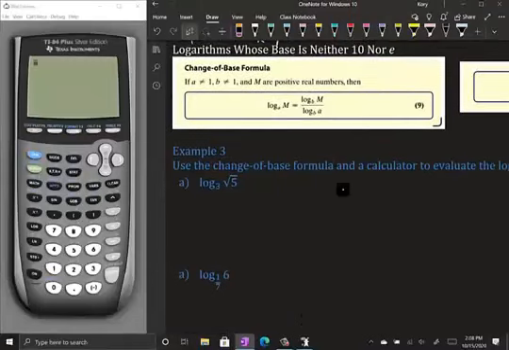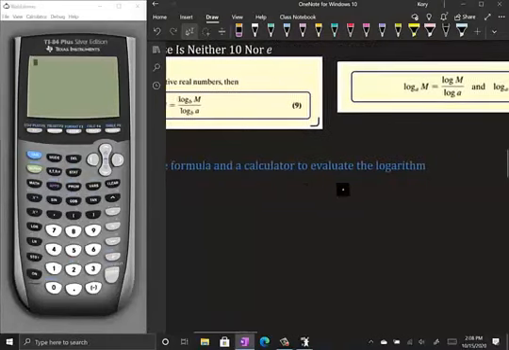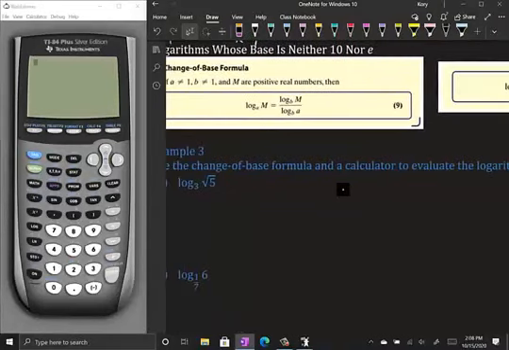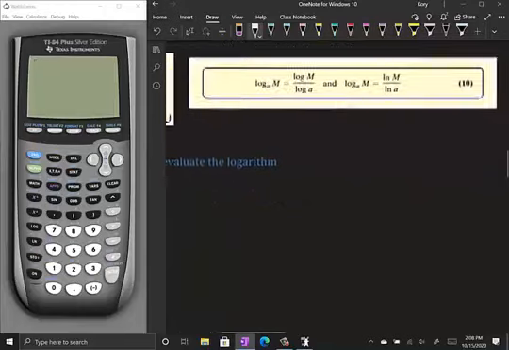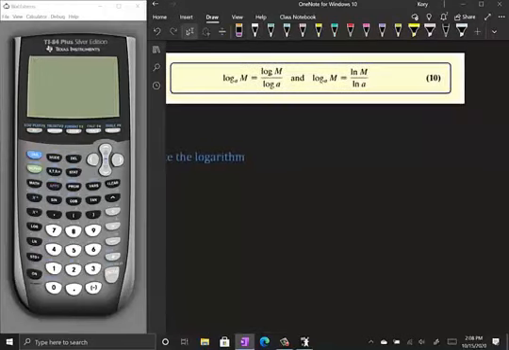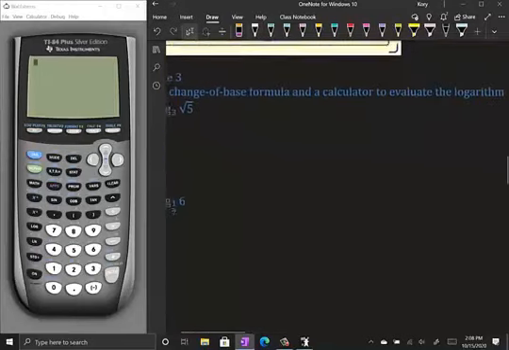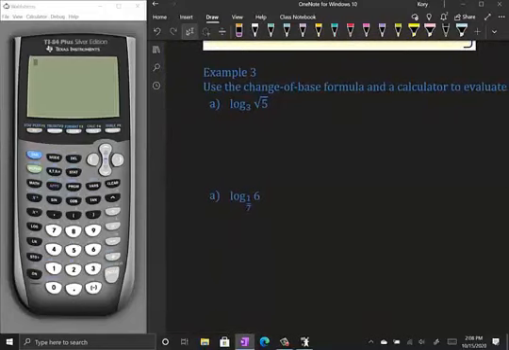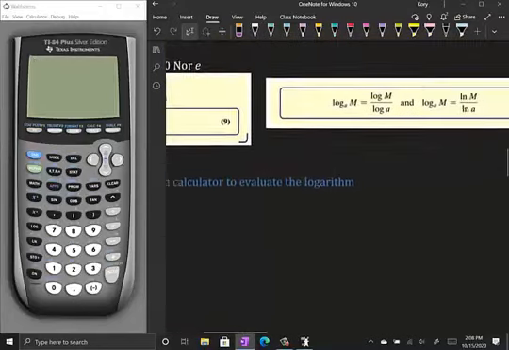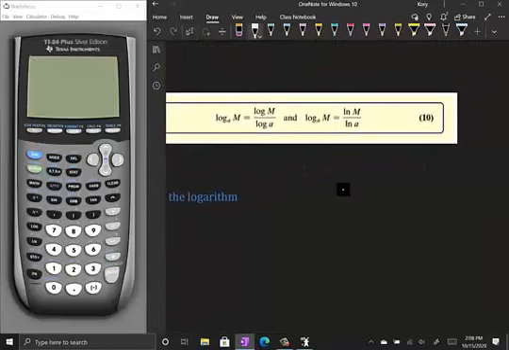Logarithms whose base is neither 10 nor e. So how can we solve logarithms? By plugging it into a calculator. So there's two things you can do. We can do log with base m over log with base a, or what we usually do is, when they have the same log base, which they do here, you see how it's log base 3, log base 1/7, we can either use one of them.